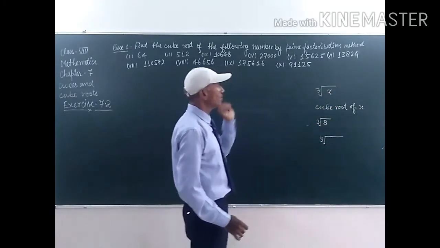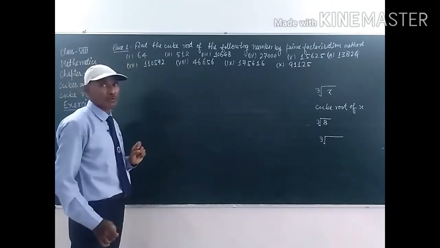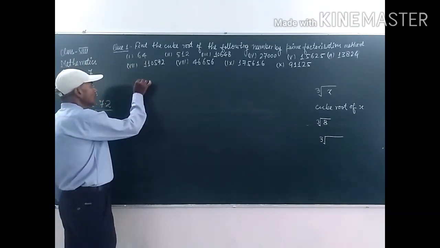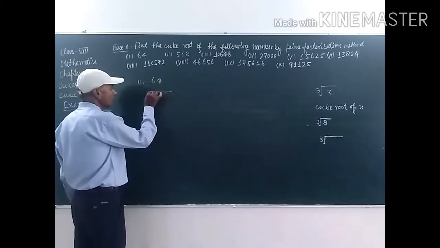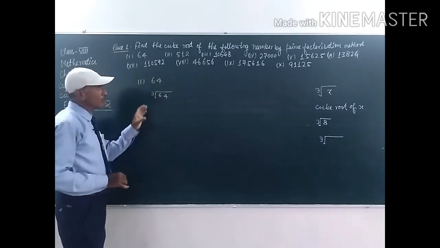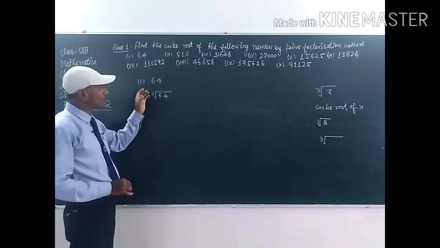So in these questions we have to find the cube root of 64 first. So the first part is 64, and we have to find the cube root of 64, student. First of all, we have to find the prime factors of 64.